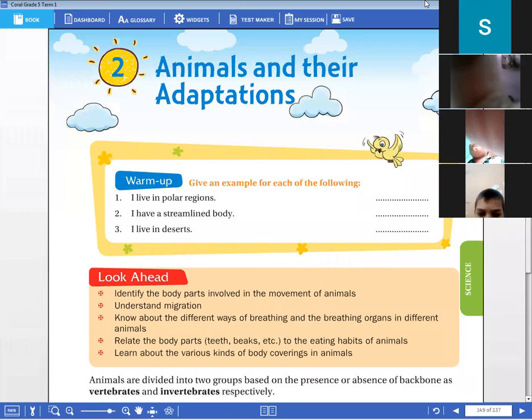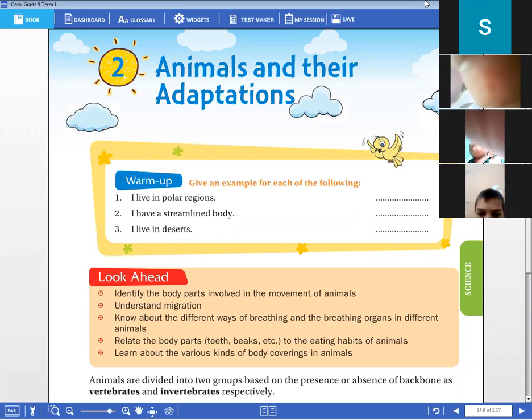Polar regions are, as we explained in social, the North Pole and South Pole. At those poles it is very cold because the sun never shines directly on the polar regions. The polar regions have negative-degree temperatures.